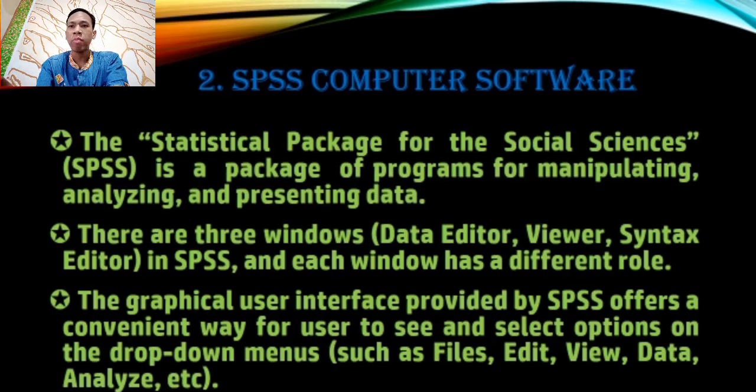The core program is called SPSS Base, and also there are a number of add-on modules that can be added to extend the range of data entry, statistical or reporting capabilities. And in this study, we will not discuss the advanced models and also regression models, but just the basic one.